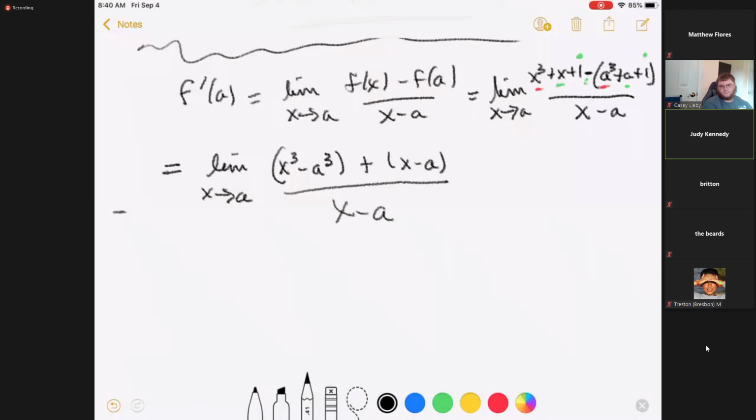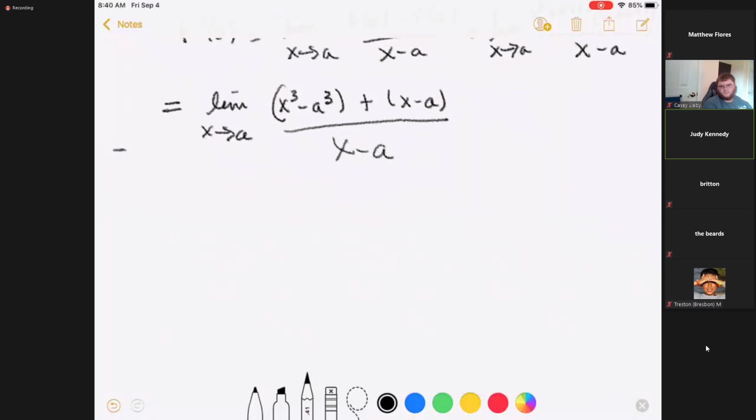Well, if you have something of the form x cubed minus a cubed, x minus a is a factor. Let me show you why.